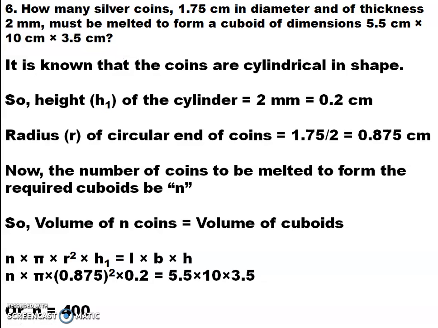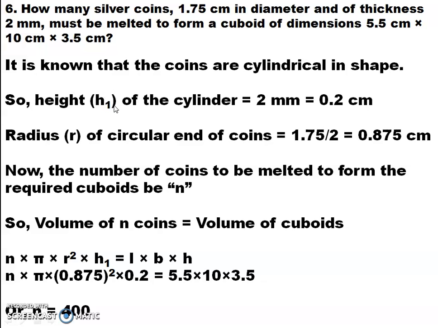Students, after reading the question, did you find anything strange? Here, all the measurements except the thickness are in centimeter. So, beware, make sure that you have the quantities in the same unit when you calculate. So, 2 millimeter I will convert first as 0.2 centimeter.